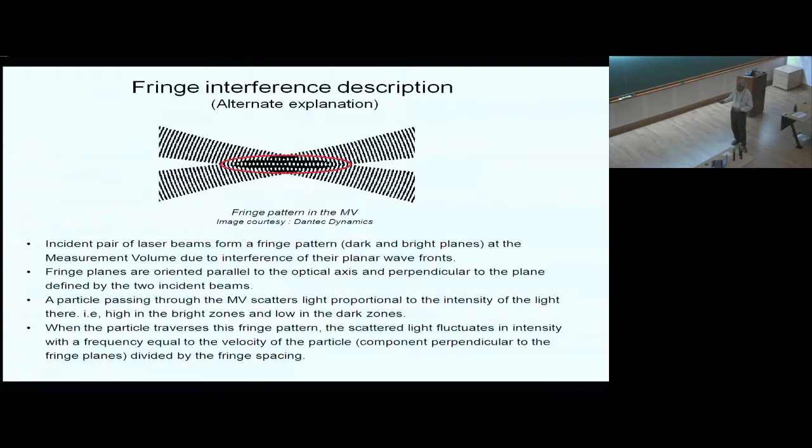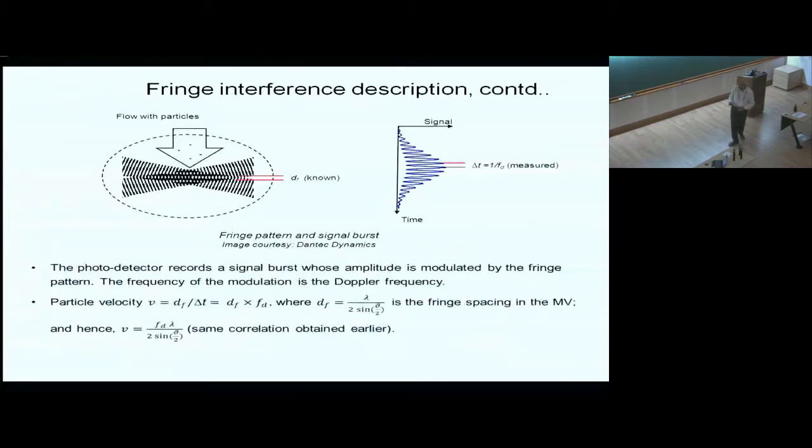And clearly you can see if the particle is moving faster, then that frequency will also increase. The other thing to notice is that it measures the velocity perpendicular to this fringe pattern. So if the velocity of the particle is something like this, what you measure is the one component which is perpendicular to the fringe pattern. So essentially the signal will be like this. And this time period will give you the Doppler shifted frequency, and from that, of course, you get the velocity.